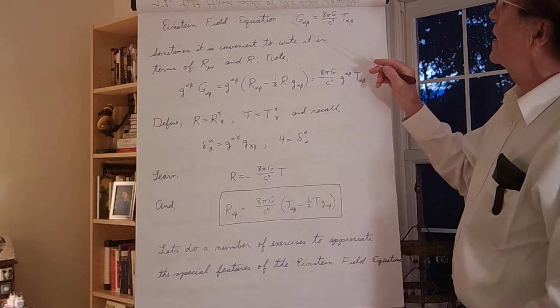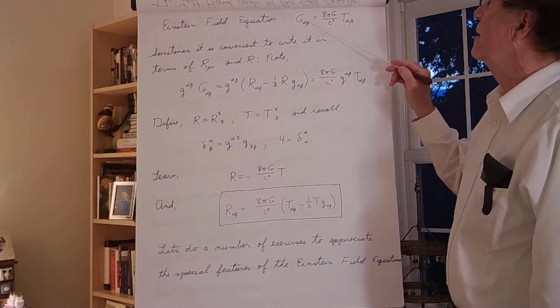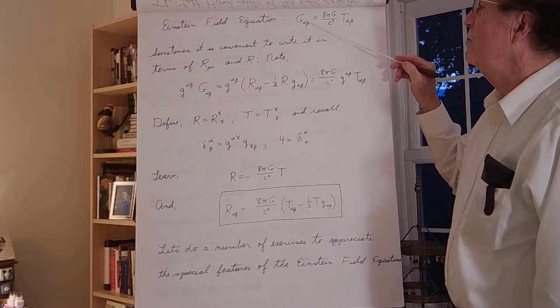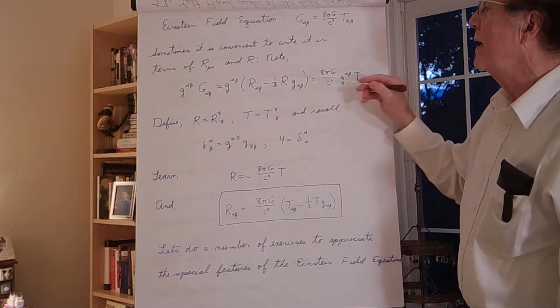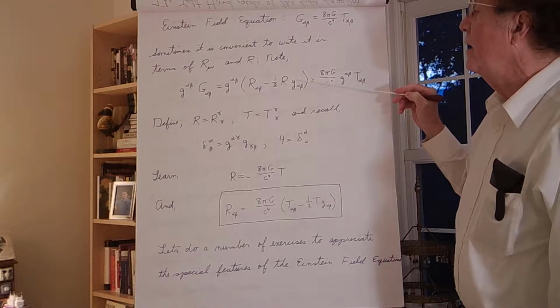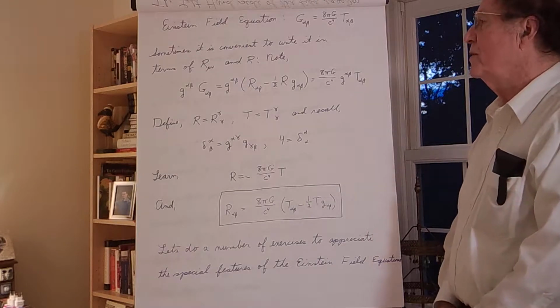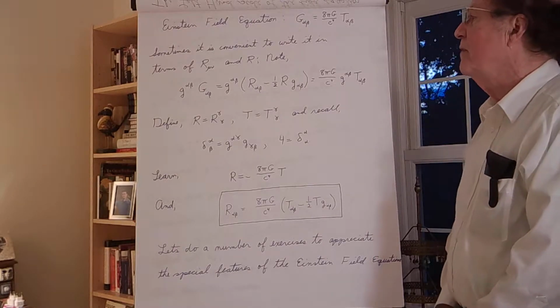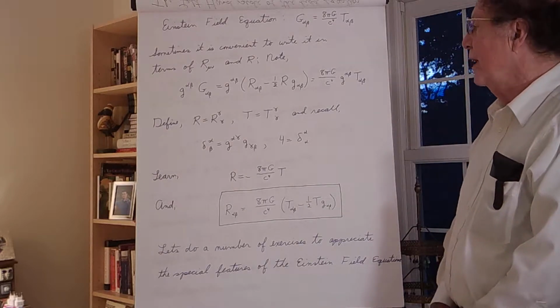So we're writing it this way, and I remind you that the Einstein tensor is made out of the Ricci tensor and the Ricci scalar in this combination, in such a way that this combination has no divergence. When the covariant derivative hits it, contracted against either beta or alpha, you get 0.